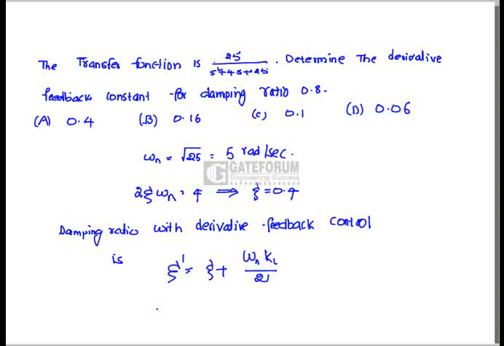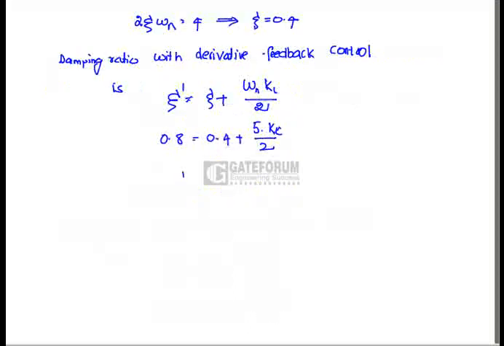If we substitute the above values, 0.8 equals 0.4 plus 5 into kt divided by 2, so kt equals 0.16, which is option B.